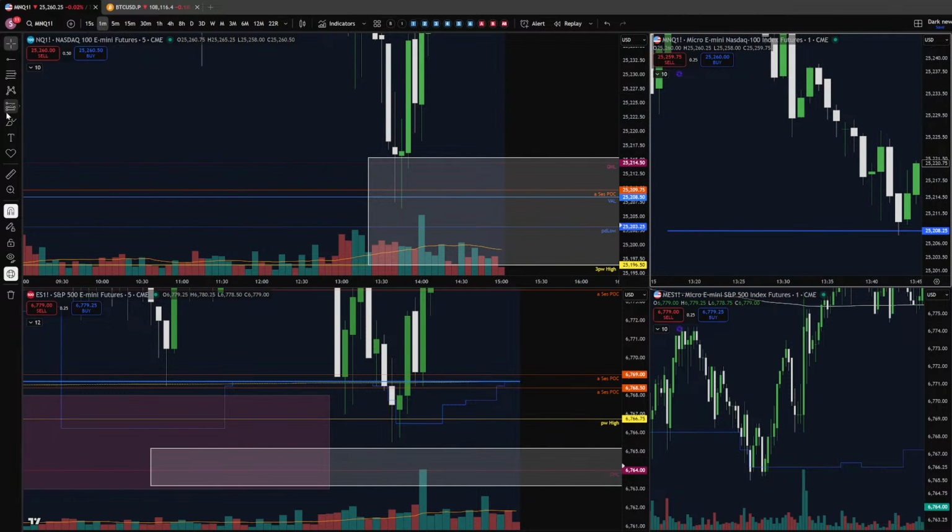Okay, so what happened? I saw the level being tapped, which was previous day value area low, and the A session point of control, and the overnight low being taken on NQ. This did not happen on ES. This made me a little bit worried. That's why I put the stop at break even.